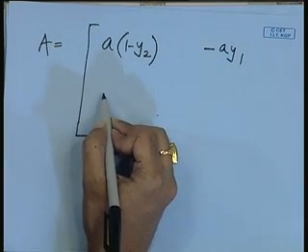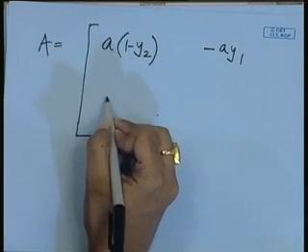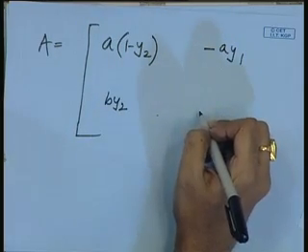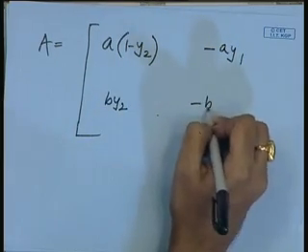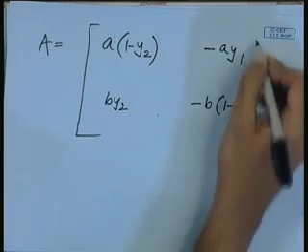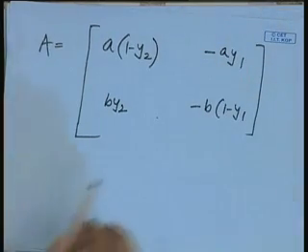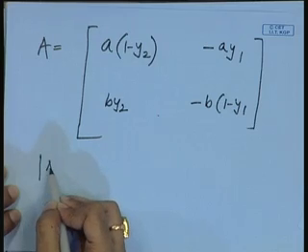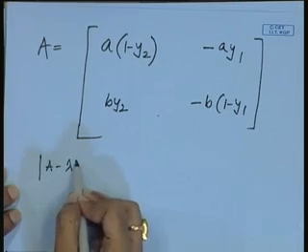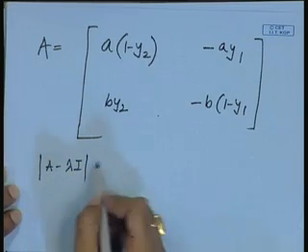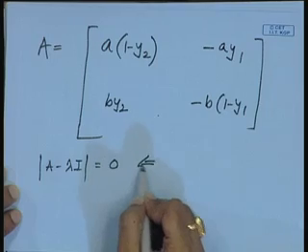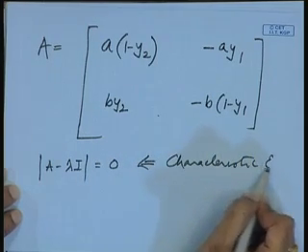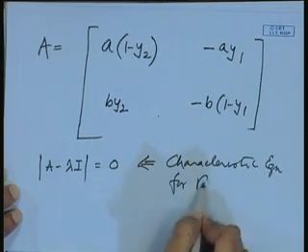Now del F2 del y1 is B y2, and del F2 del y2 is minus B times 1 minus y1. Now I have to find out what my eigenvalues are. How do I find that out? I have to first calculate the determinant of A minus lambda I and equate that to 0. This will give me my characteristic equation for eigenvalues.